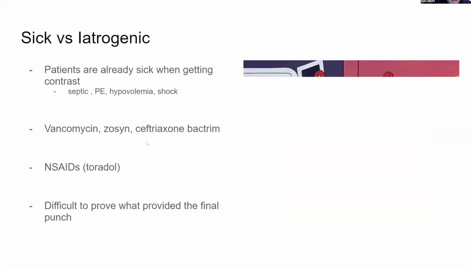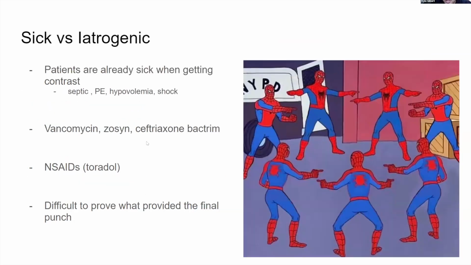All right. So let's go back to these patients, right? So these patients that we're thinking about getting CT abdomen pelvises or giving contrast to, they're already sick. They already have increased rates of, or higher chance of having AKI, right? They're septic. They might have a PE. They're bleeding out. They're hypovolemic. They might be in shock.